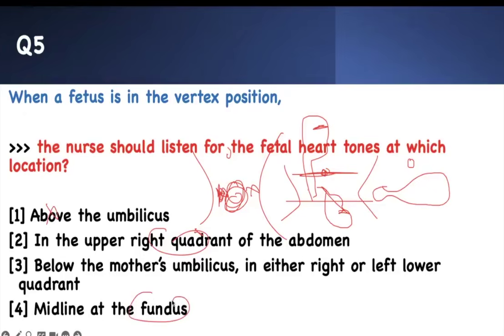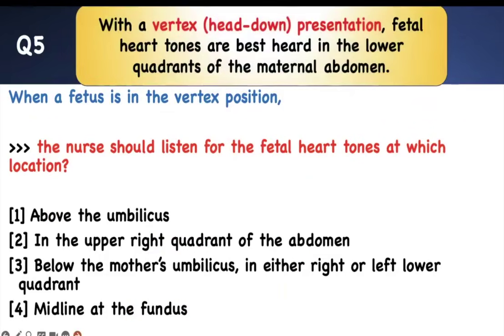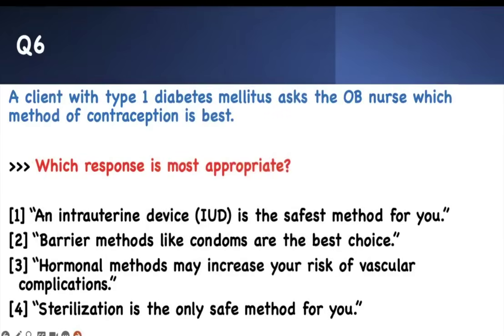Midline and the fundus, you don't check. So the best position is usually either left or right and below the umbilicus, because the baby is in the vertex position. With the vertex position, the fetal heart tones are best heard in the lower quadrant of the maternal abdomen. So 3 is the right answer.